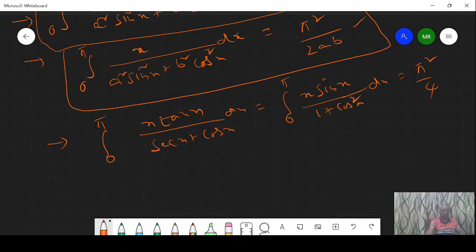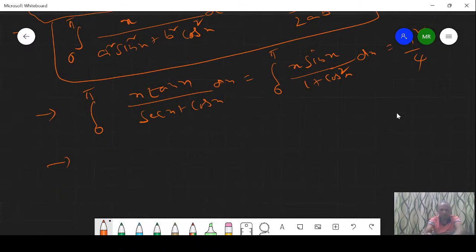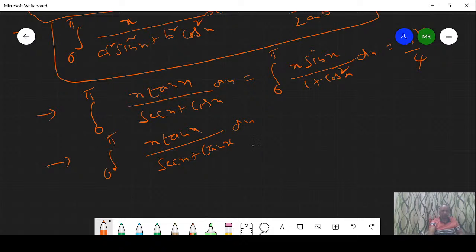Suppose they change this problem a little. Instead of cos x, they give tan x: integral 0 to pi of x tan x by secant x plus tan x, or integral 0 to pi of x sin x by 1 plus sin x.